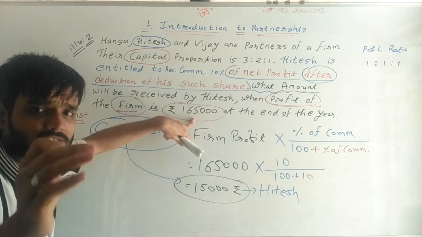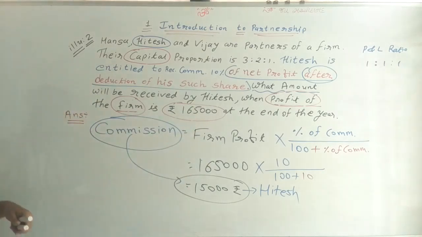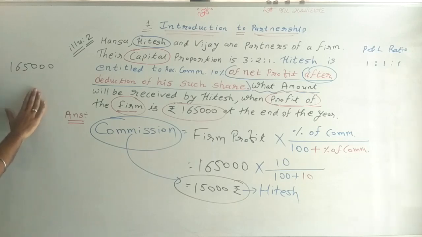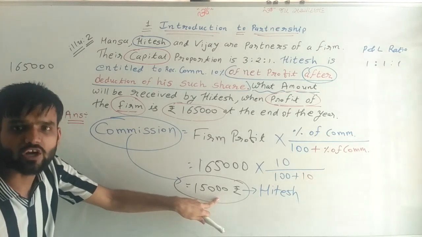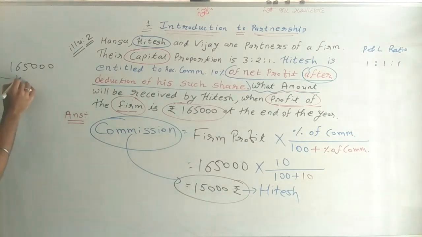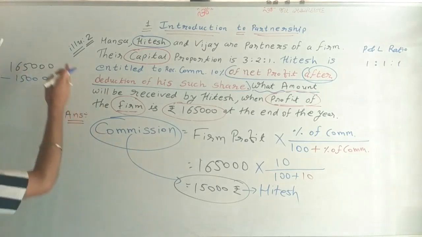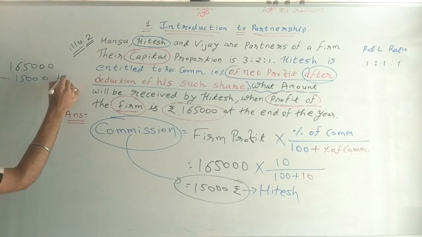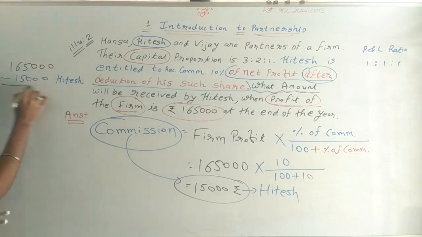See here. The total profit of the firm is 1,65,000, so first of all I write 1,65,000 here. From this 1,65,000, the commission of rupees 15,000 is deducted, because from that total profit, 15,000 is given to Hitesh. Now, what is the remaining profit?